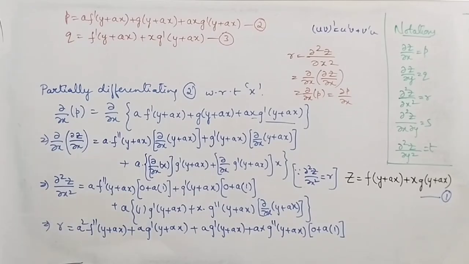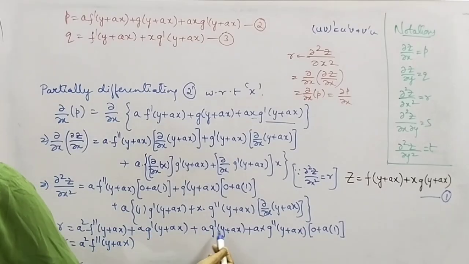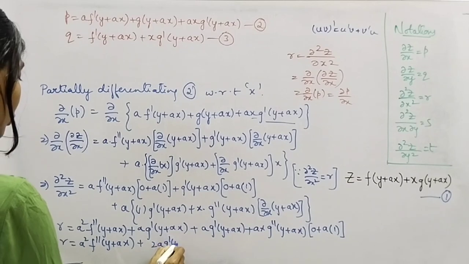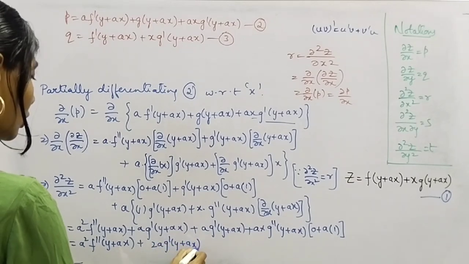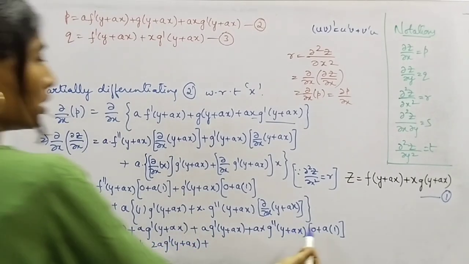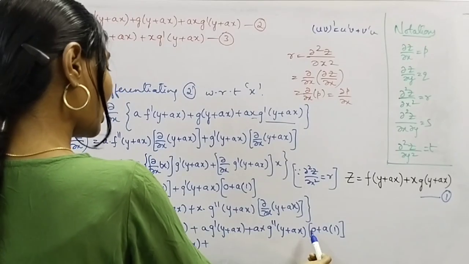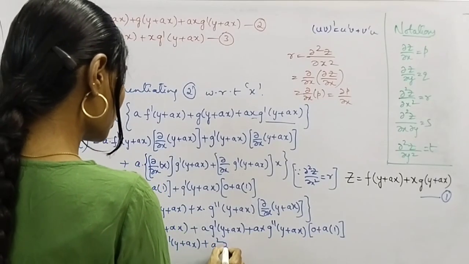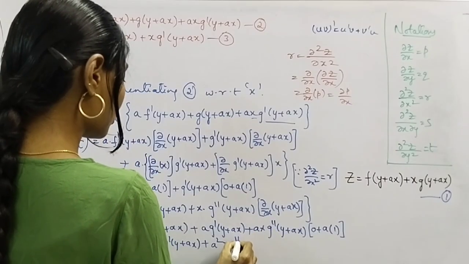Fine. This gives us r equal to a square f double dash of (y plus ax) plus a g dash plus a g dash, which is 2a g dash, right, plus a into (1a plus 0), which is a square x g double dash.